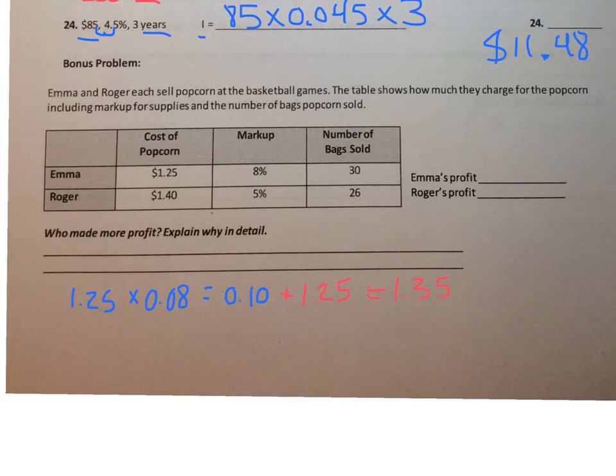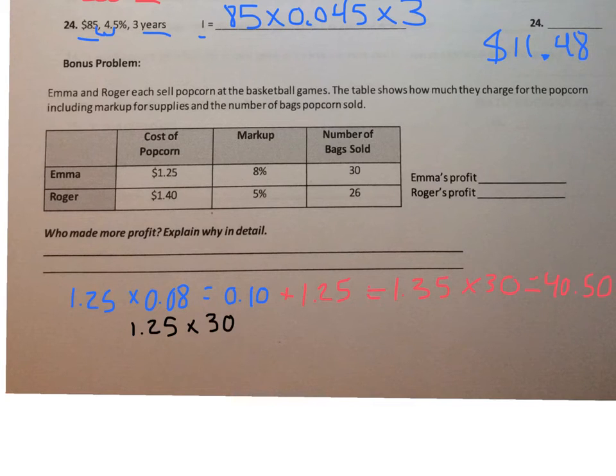Now Emma sold 30 bags, so we're going to multiply it by 30, and we get $40.50, and that's how much she earned by selling 30 bags. Now her original was $1.25 per bag. We're going to multiply that by 30.